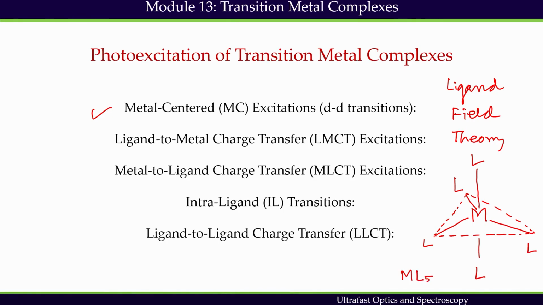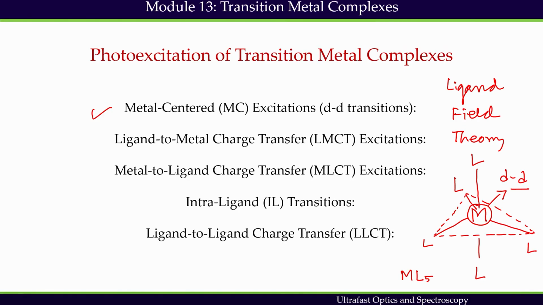In this complex, we can have metal centered excitation, where the excitation is localized in the metal only, where we can have DD transition, d orbital to d orbital transition. The DD electronic transitions are in principle Laporte forbidden in centrosymmetric environments.